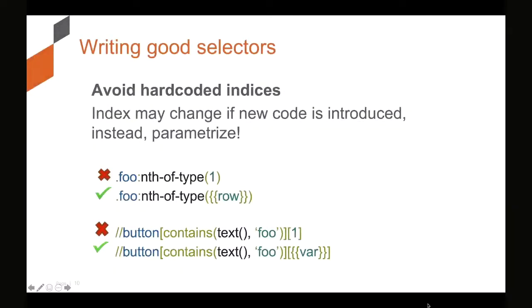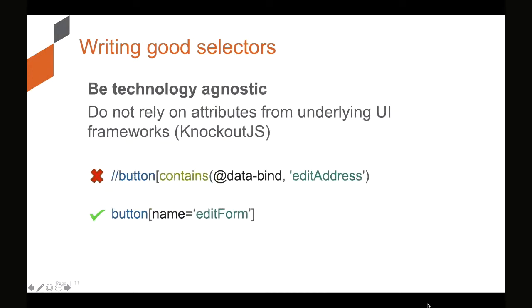Right, so yes, as Alex said, avoid hard coding indices, try to parameterize wherever possible. Be technology agnostic. We've often come across attributes which are specific to the underlying UI frameworks. For example, data bind is an attribute that is exposed by KnockoutJS.